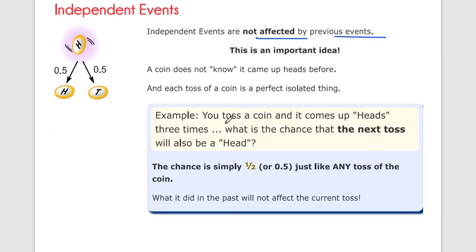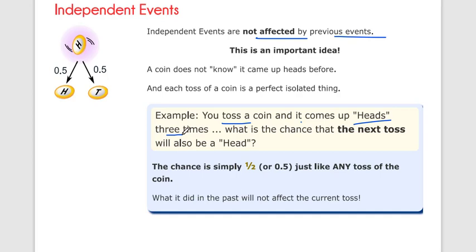You toss a coin and it comes heads three times. We already saw this example. If you toss a coin and, let's say it's your bad luck, every time you say tails it becomes heads. Heads came three times, but what is the chance that the next toss will also be heads? It will always be 0.5 or 50%.